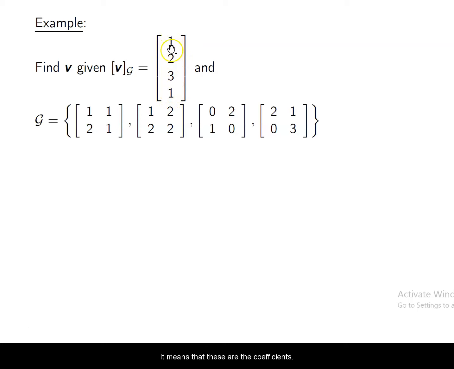It means that these are the coefficients for when I write my linear combination of basis vectors. So to go from the coordinate vector representation into the standard vector representation for whatever basis I'm actually working in, all I have to do is write these things out as a linear combination with these as my scalar values.